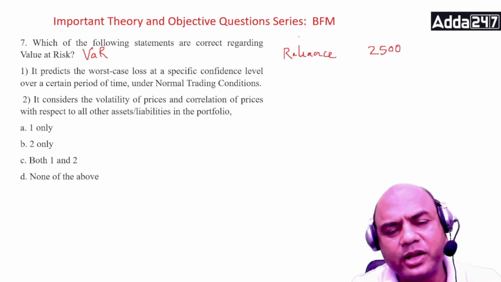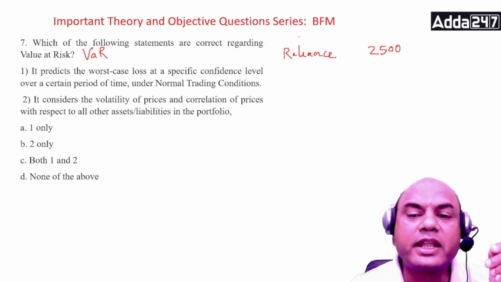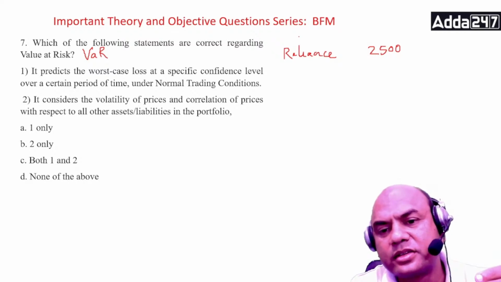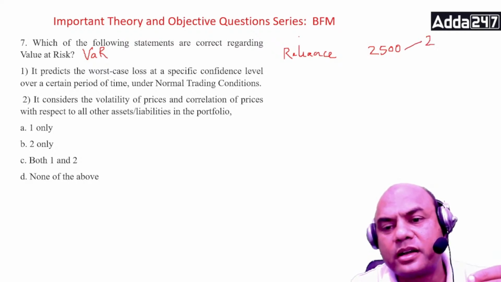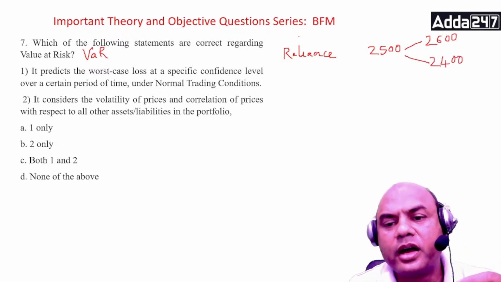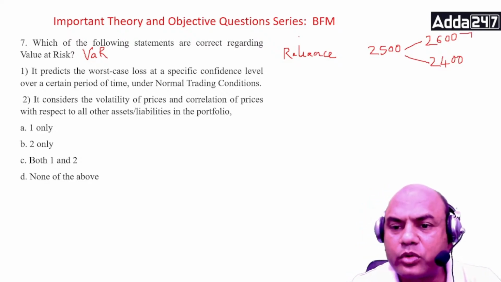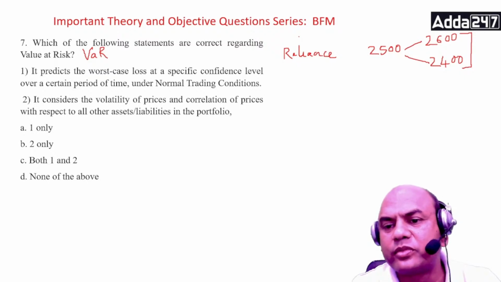It's not 2500, but let me assume it. Now the daily fluctuation in this Reliance: either it goes to 2600 in one day or it goes to 2400 in one day. So 100 rupees here or 100 rupees there. This amount of 200 rupees, 26 minus 24, this 200 is known as my VAR.